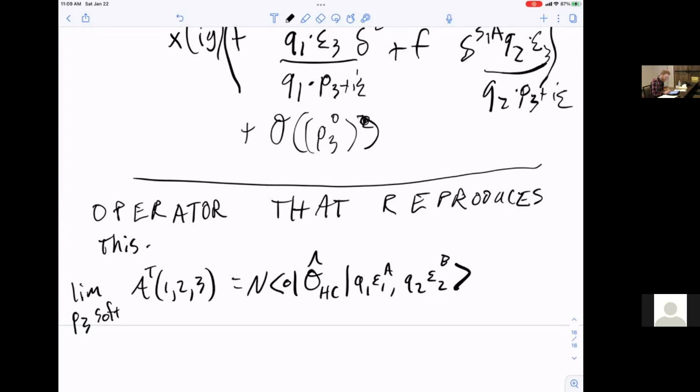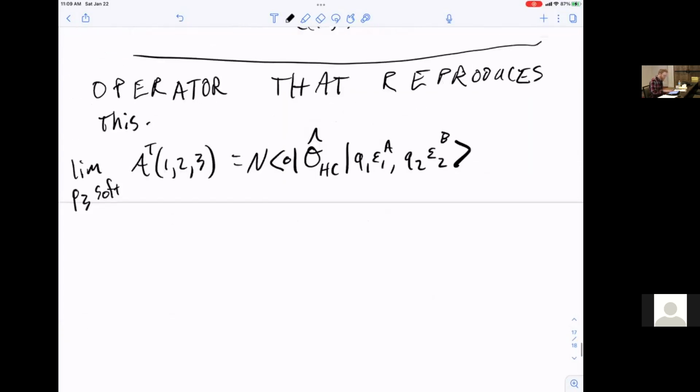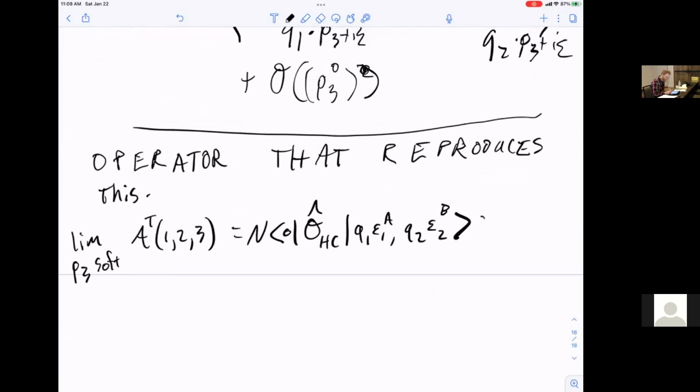So I have some hard collinear operator. And I want to figure out what this O hat hard collinear and this O soft operators actually are.